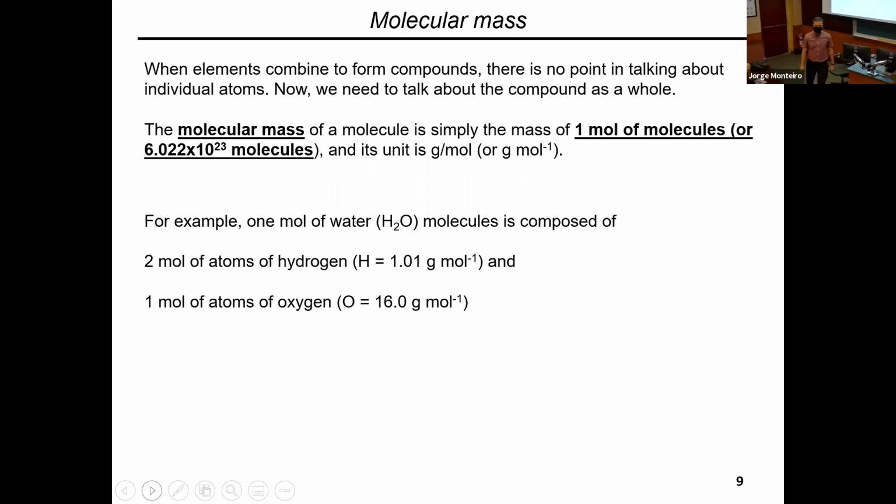Okay, so every time you talk about a compound, the molecular mass is going to be the sum of each individual contribution. Pay attention to the number of atoms for each element, and that's going to be represented by the subscript.